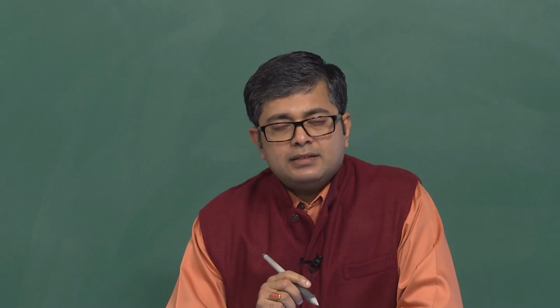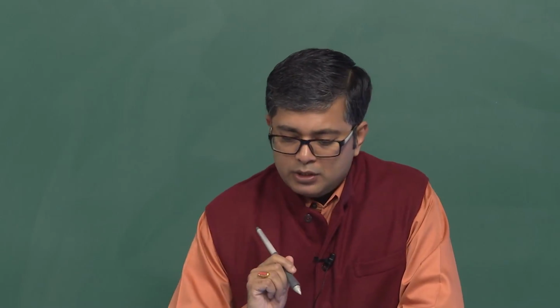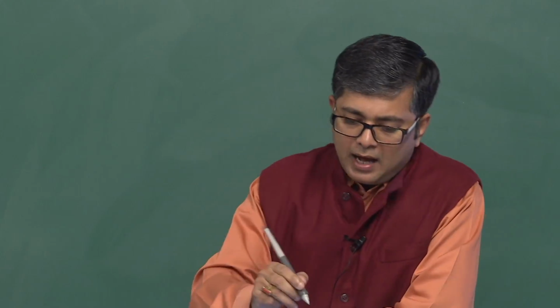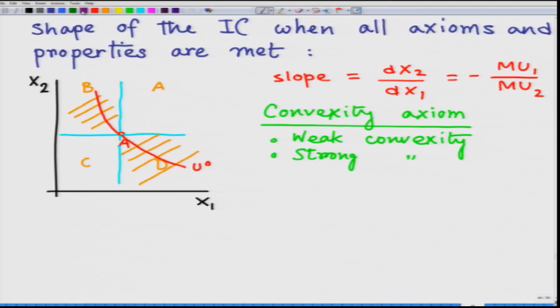So, in that case the indifference curve can have linear segments. So, if weak convexity is ruled out, if we assume only strong convexity, then that also has this implication that the indifference curve cannot touch either of these axes. Now, what are the other implications of strong convexity?